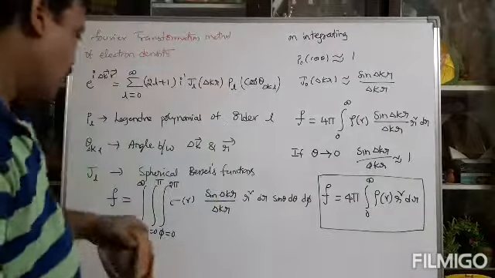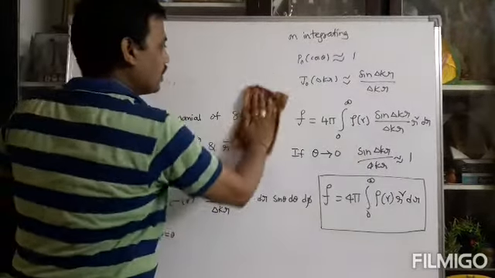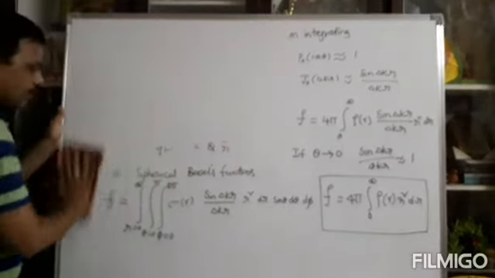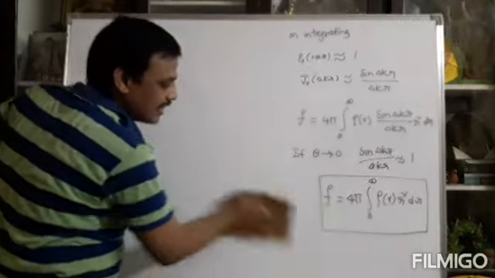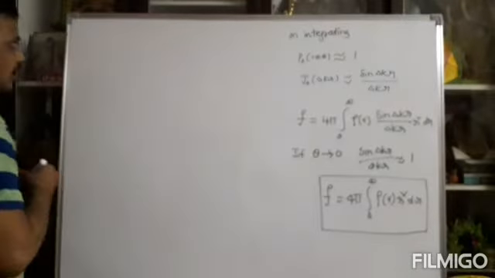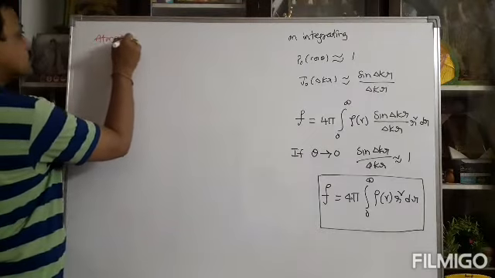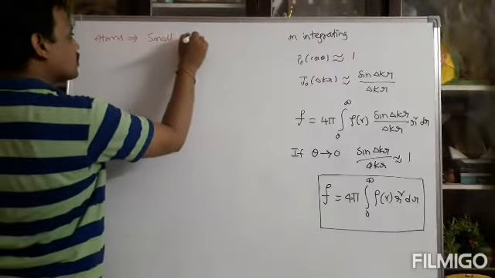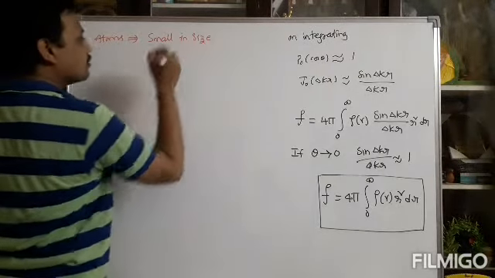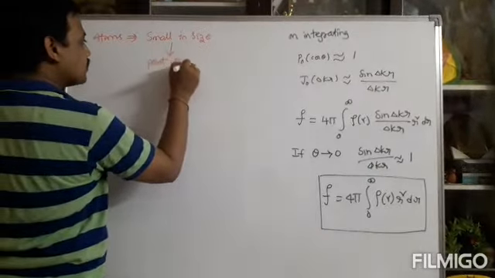So you can take the atoms in the crystal, as already mentioned, the atoms must be considered small in size, that is, you can consider the atoms as point size.